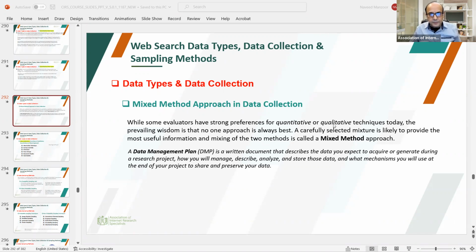Remind me that I have to direct you to a chart which will give you a very easy to understand picture of what type of collection methods would be involving both data types, both quantitative and qualitative.